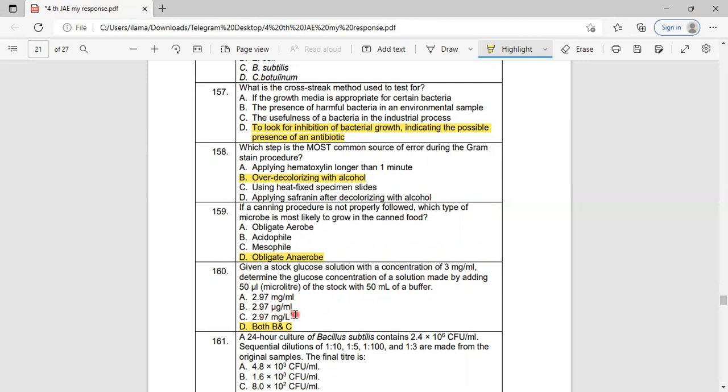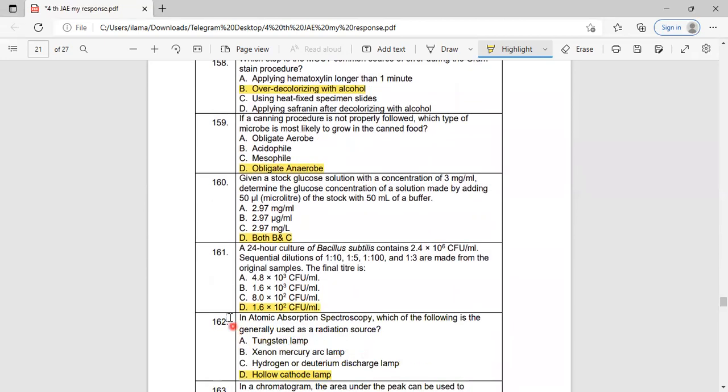Here the units are the same, so both B and C are correct answers. Next, a 24-hour culture of Bacillus subtilis contains 2.4 into 10 power 6 CFU per ml. Sequential dilutions of 1:10, 1:5, 1:100, and then 1:3 are made from the original sample. Then the final titer is 1.6 into 10 power 2 CFU per ml.